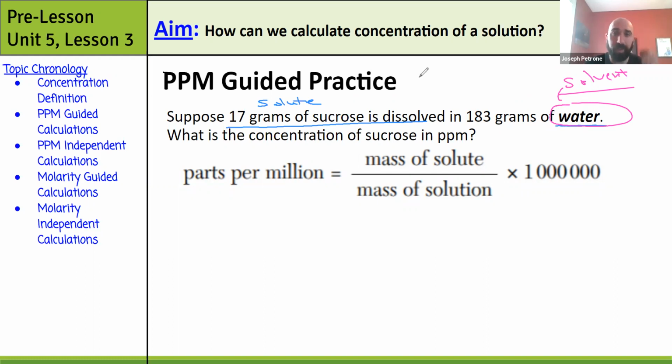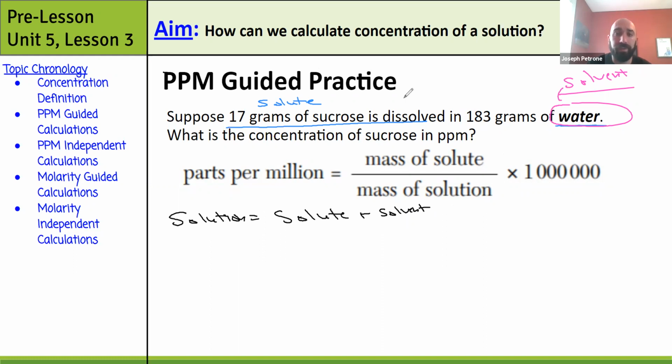So here we have to think back and recall that a solution is equal to the solute plus a solvent. And this also relates to mass. So the mass of my solute plus my mass of solvent is going to be my mass of solution.